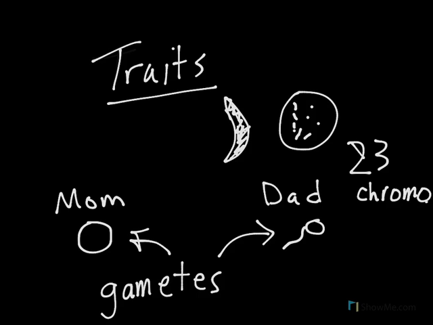And then when the egg and the sperm come together, you would end up in your cell, after mom and dad have come together, with double this, which is 46 chromosomes. So you have 46 chromosomes, 23 from mom, 23 from dad. Those have half of the genetic traits from each one of the parents.